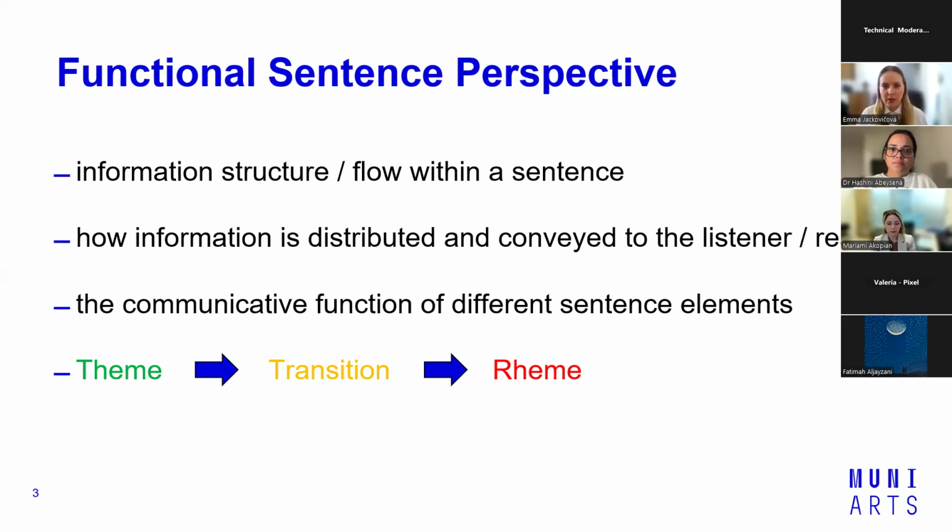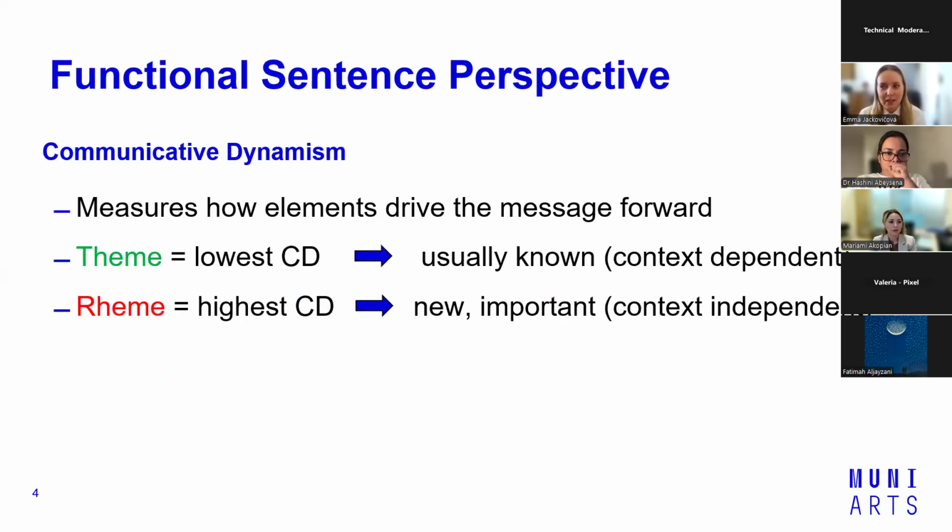Also, please don't forget that the rheme will be colored red in the next slides, it will be important. Communicative dynamism measures how much a sentence element contributes to advancing the flow of the communication. It means which sentence elements drive the message forward in a sentence.